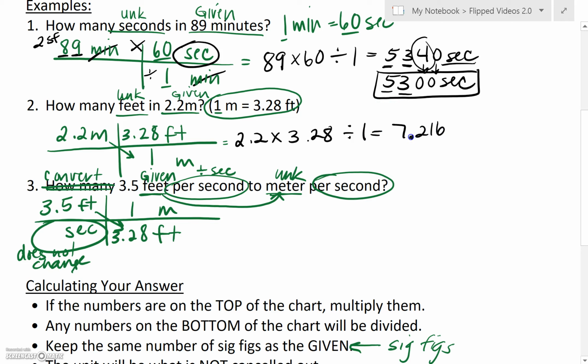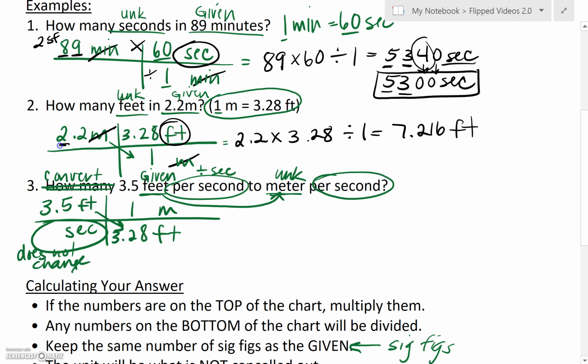Now let's see what gets canceled out. Whatever we are taking on the top that I also see on the bottom gets canceled out. In this case, meter and meter, one was on top, one was on the bottom, so that cancels out. What's left? Feet. So feet will be my answer.